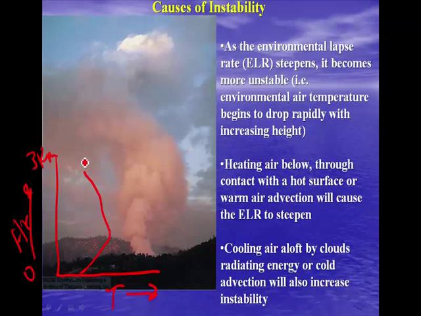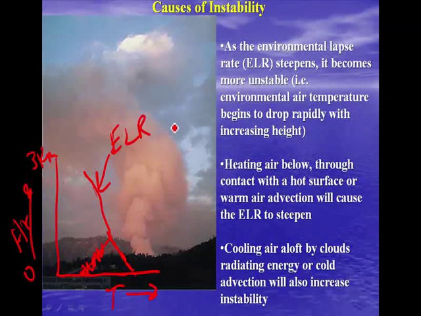We saw this in RadSim. But as soon as the sun comes out and we warm the temperature at the surface, we begin to see a temperature profile that looks more like this. In other words, temperature begins to warm at the surface, and now we have temperature decreasing with height. So if we heat the surface, we can steepen this environmental lapse rate, the way temperature changes with height.